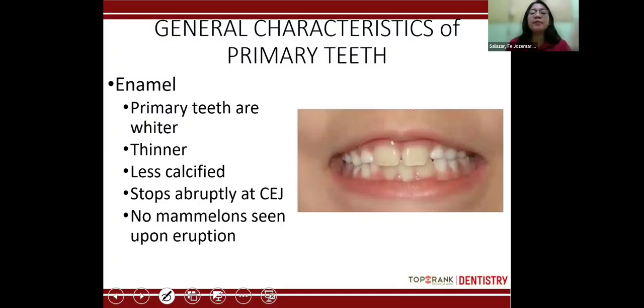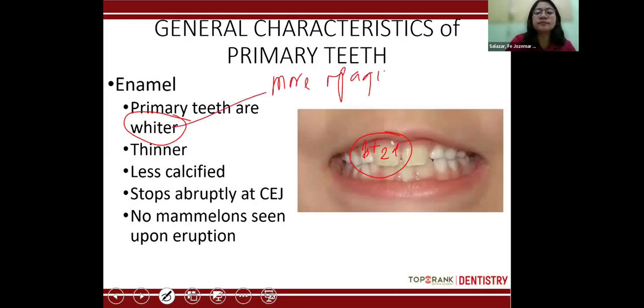Now, the enamel of primary teeth are whiter. Okay, so as you could see here, this is permanent. This is your primary. Okay, why are they whiter? Because you have more opaque enamel crystals.